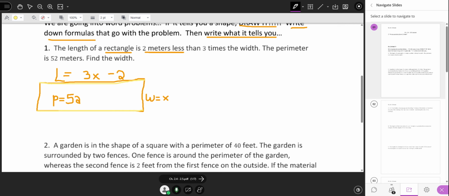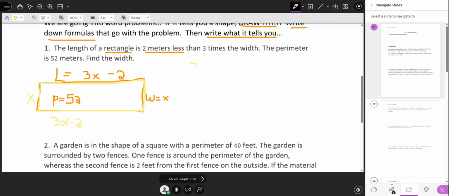Well, if this distance is 3x minus 2, this one is too. Well, guess what? That and that is also part of the perimeter. This one is x, which means this one is also x. So perimeter is the distance all the way around.